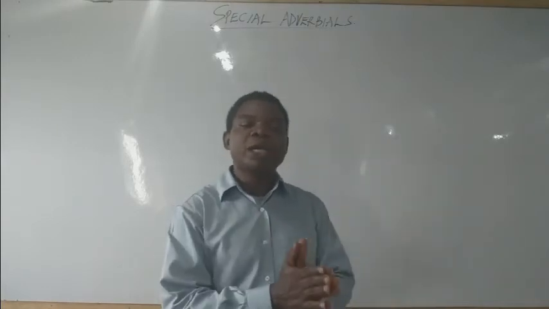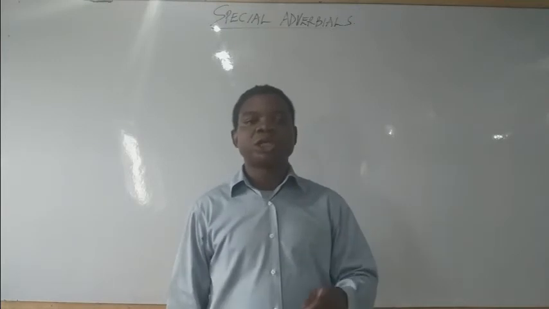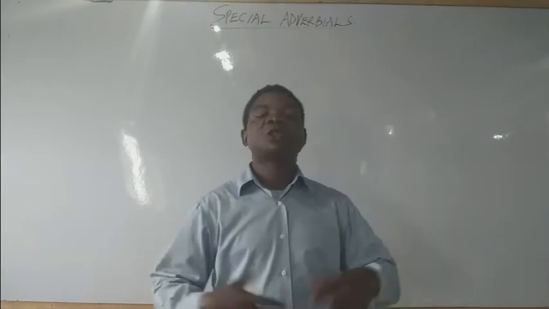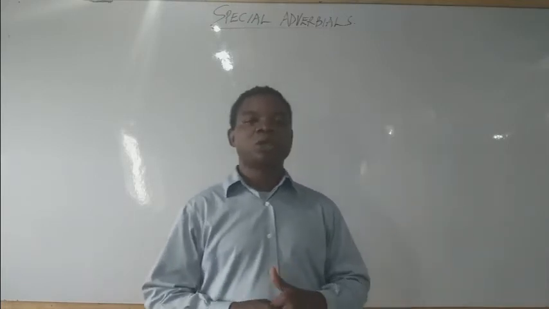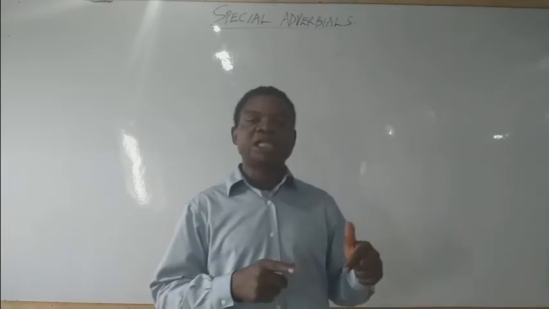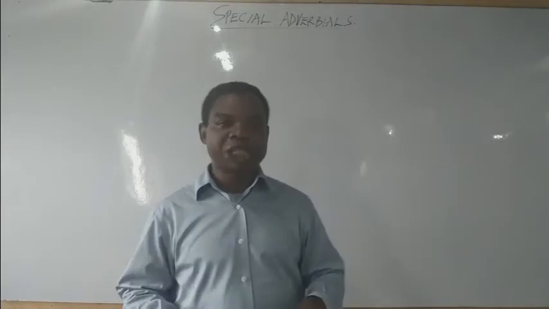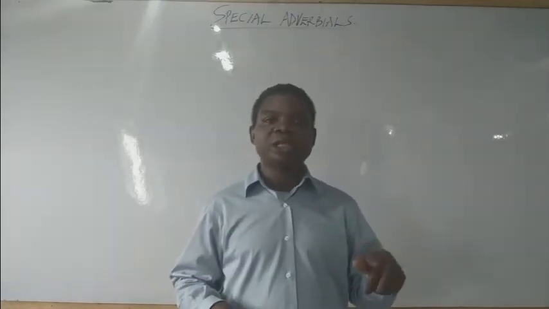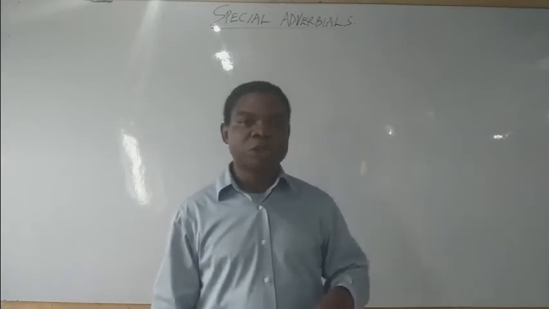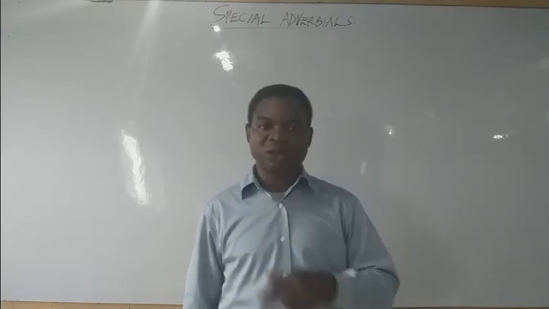So, when a word modifies a verb in English, that word is called what? An adverb. That's why in English, generally speaking, adverbs are said to be words that modify verbs. And they modify verbs by providing circumstantial details as regards the timing, the place, the manner, the reason, the condition, concession, purpose for which that verb or action exists.